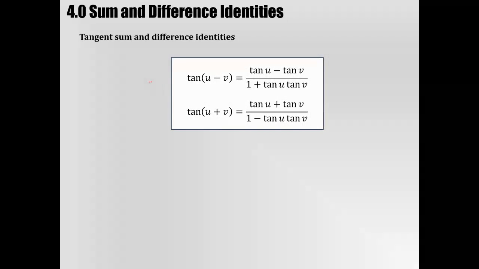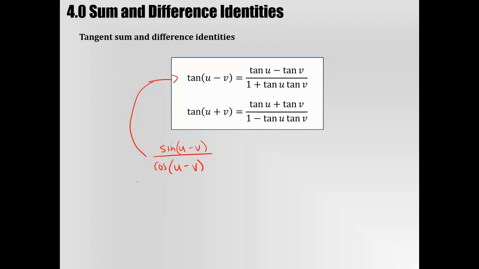And so I'm not going to do them both, but let's say we were dealing with this right here. That would be the same as sine over cosine. And let's see, we just came up with these, didn't we? So the sine of the sum is sine cosine, and then this is minus, right?